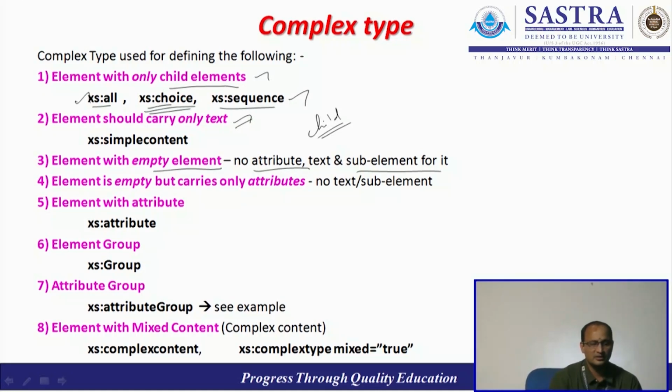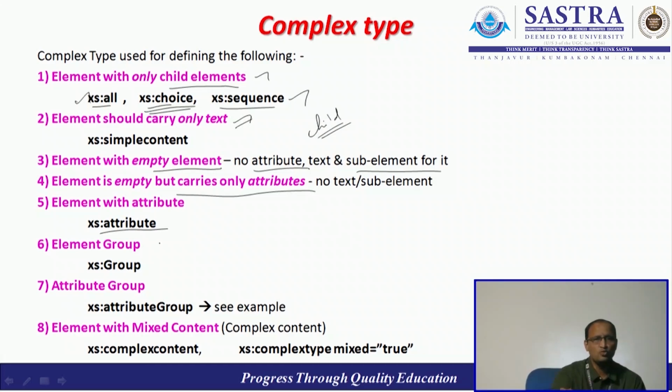Fourth one is an element that is empty but carries only attributes. When the element carries attributes, the attributes can be defined with the help of xs:attribute. These are the keywords that can be given for defining the element, attribute and the element skeleton.